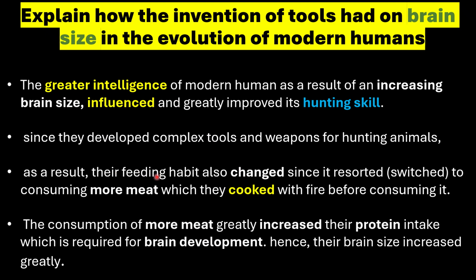As a result, their feeding habits also changed, since they resorted to consuming more meat, which they cooked with fire before consuming it. The consumption of more meat greatly increased their protein intake, which is required for brain development. Hence, their brain size increased greatly.